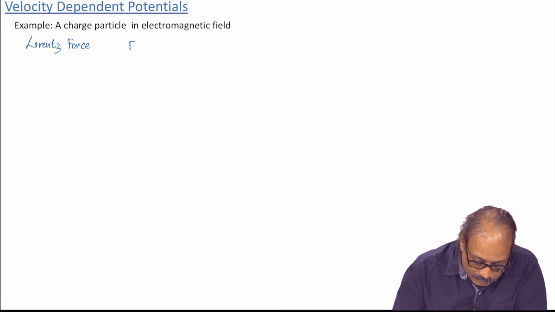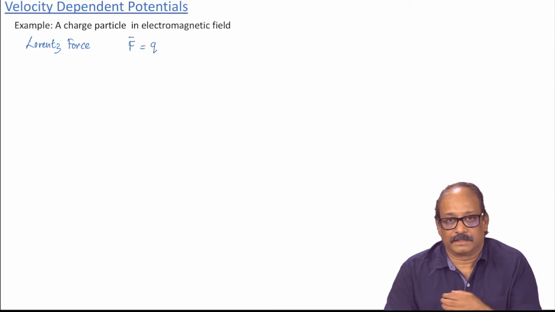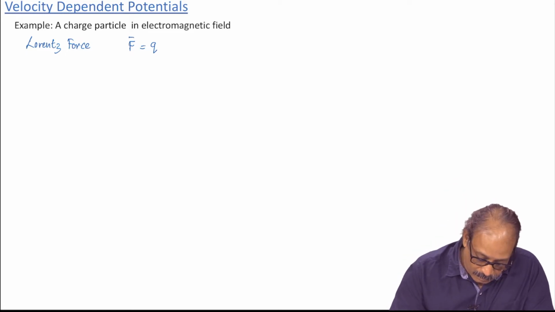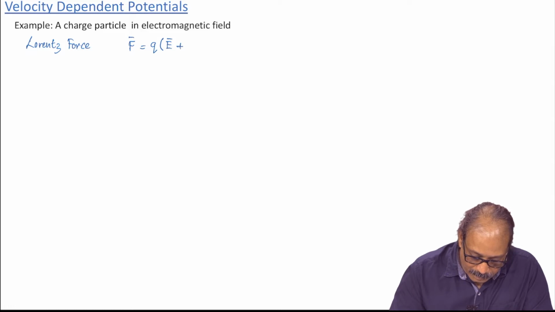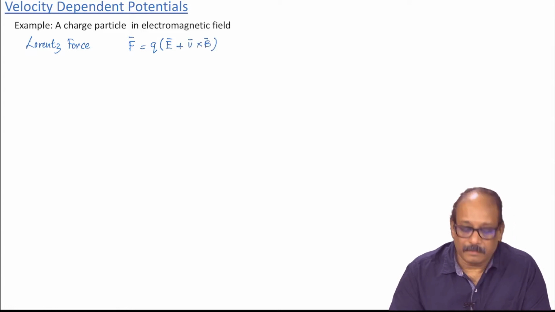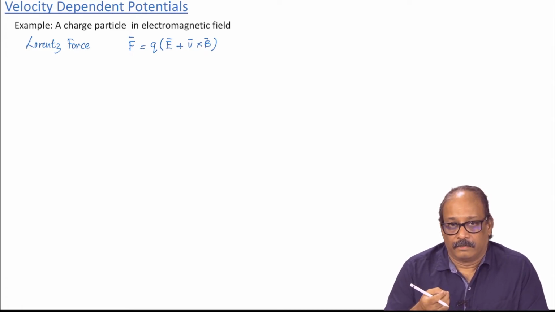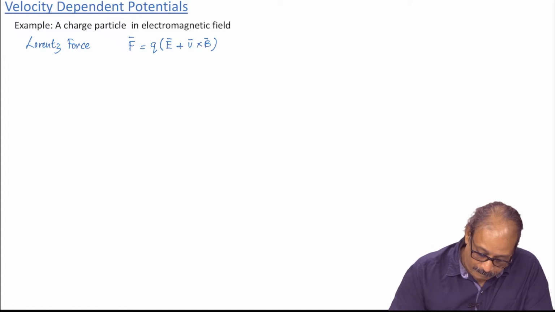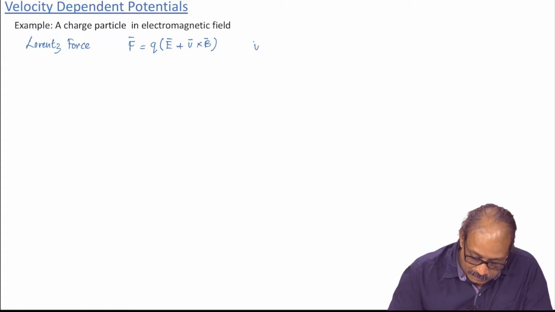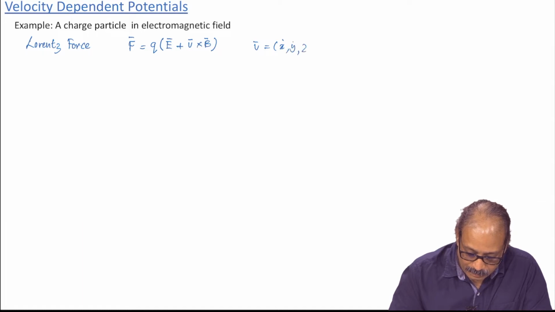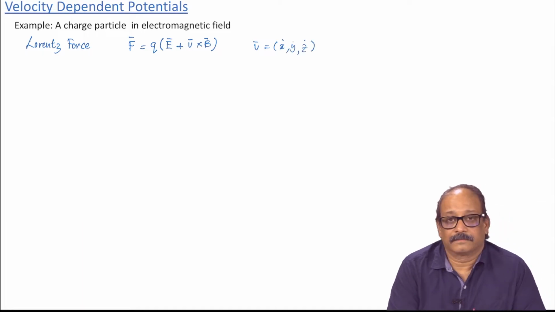So, this force will be equal to Q, which is the charge of the particle, times E plus V cross B. Remember, this V here is nothing but the velocity of the particle. So, in Cartesian coordinates, this V would simply be x dot, y dot and z dot.